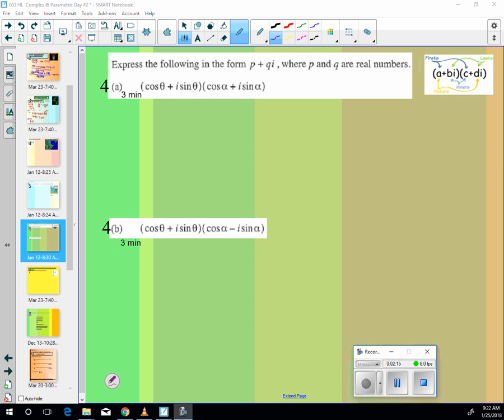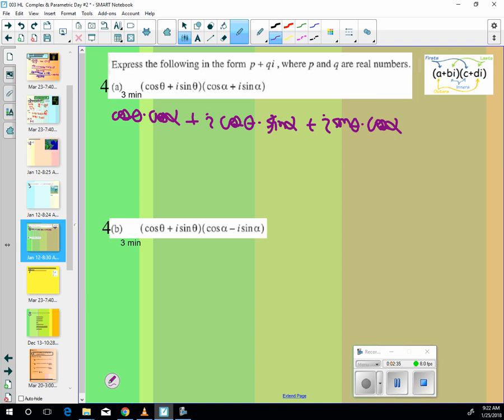You have foiling this, you'll get cosine theta times cosine alpha. Then you'll get i times cosine theta times sine alpha. Then you're going to get i times sine theta times cosine alpha.